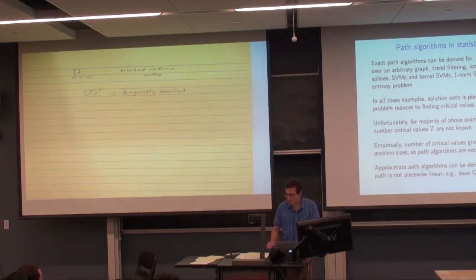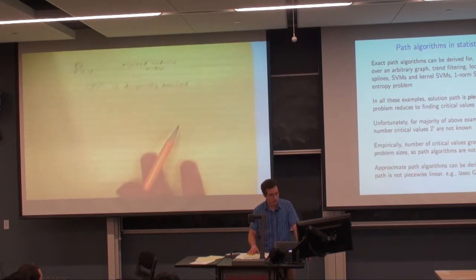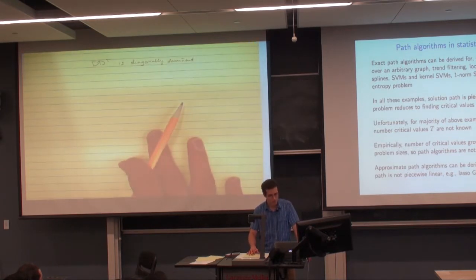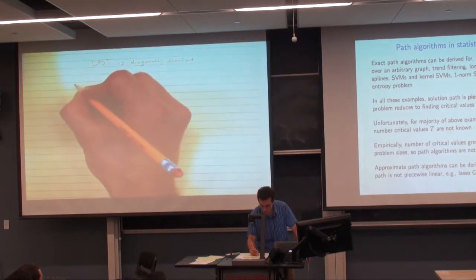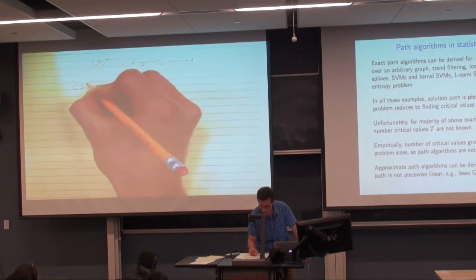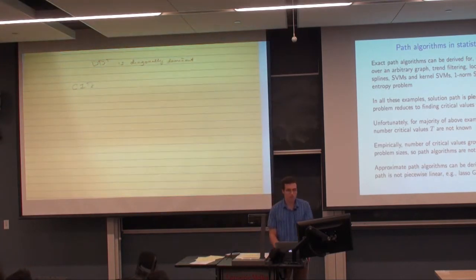In this case, it describes the solution as we vary the parameter c on the slacks. Remember that in the SVM loss? So this describes the solution as c increases. Same thing with kernel SVMs. For one-norm SVMs, we also didn't talk about that, but you can write the SVM as a penalized problem, just like in this form.